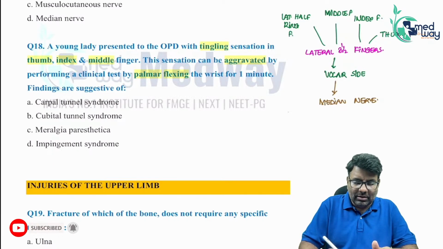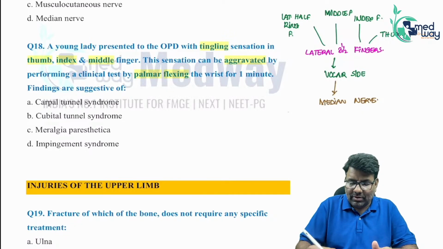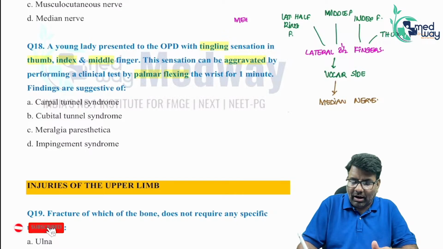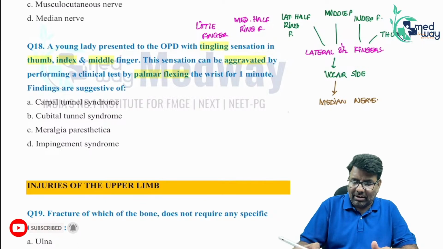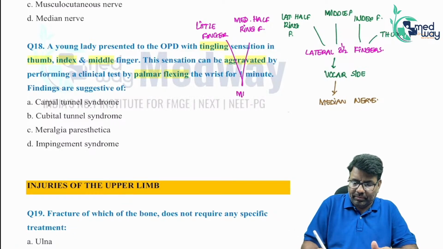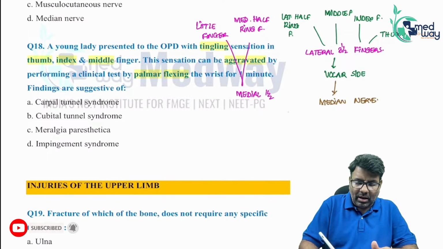And what about the 1.5? The medial half of the ring finger and the little finger, this is what you write as the medial 1.5.